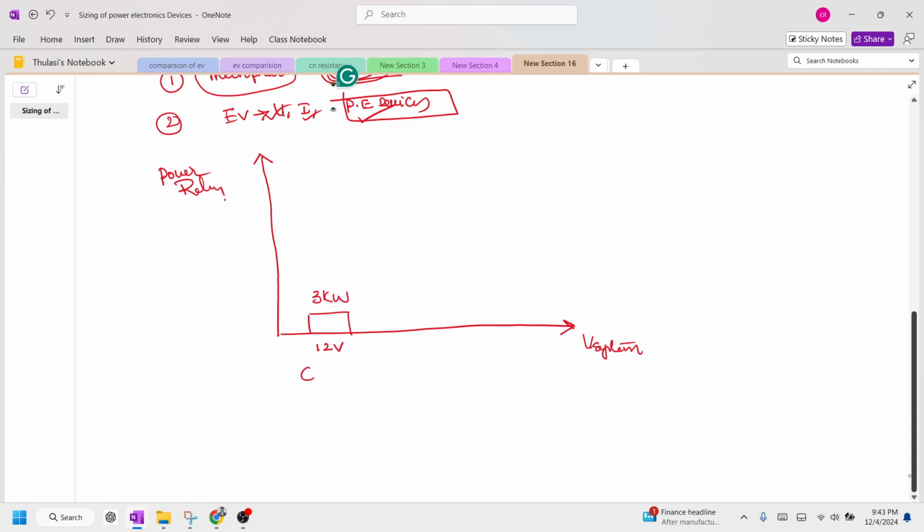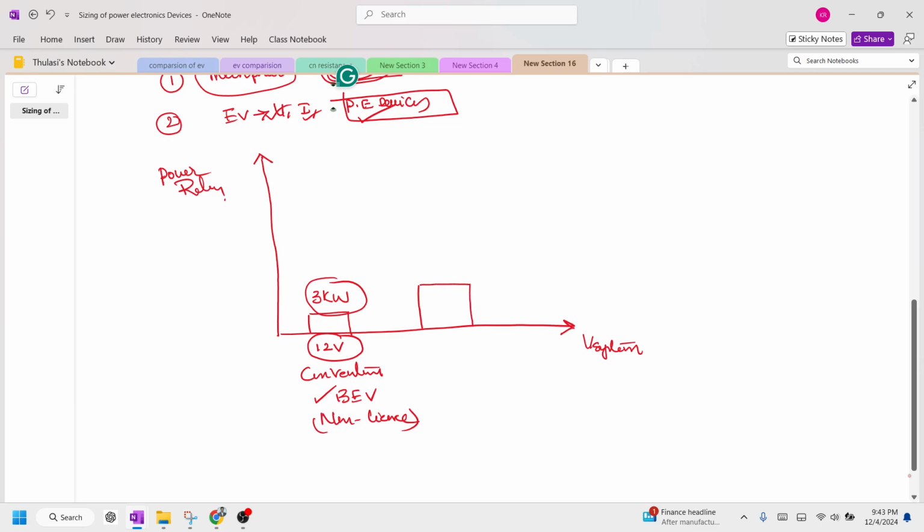This is generally what happens in a conventional battery electric vehicle, like a non-licensed, no-registration electric vehicle, where the operating voltage is 12 volts and the power rating of the motor is 3 kilowatts.